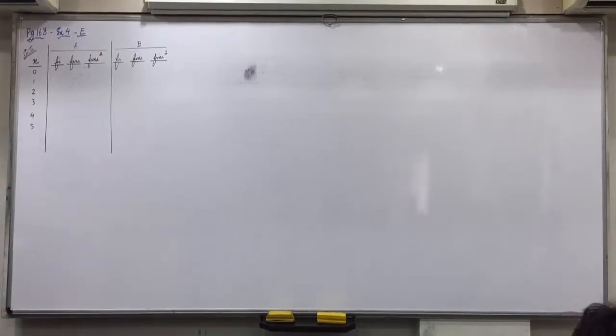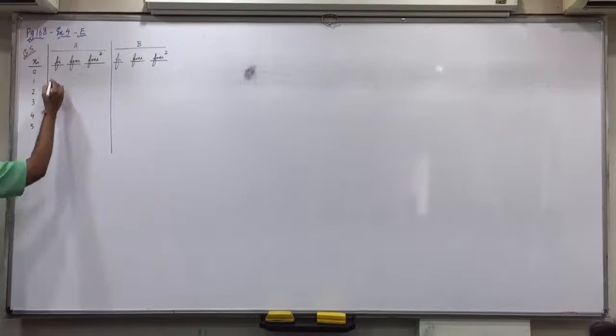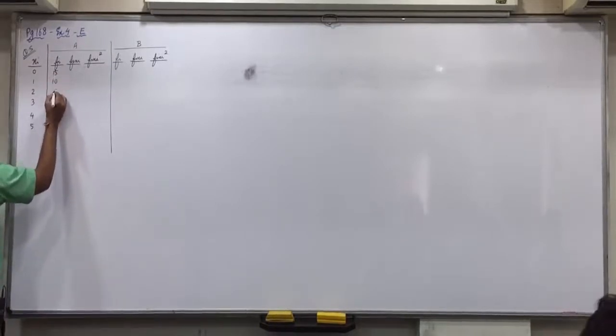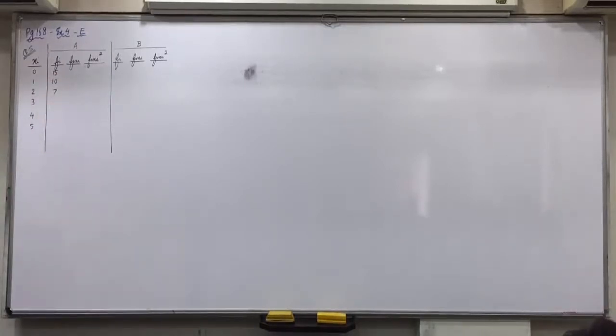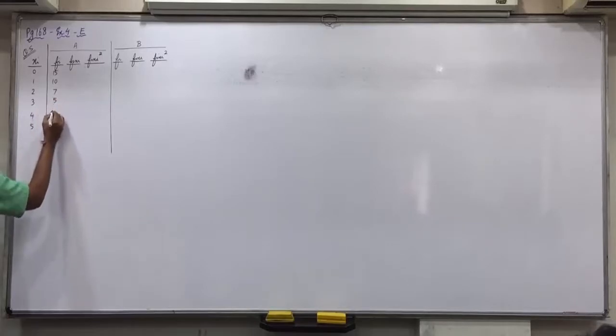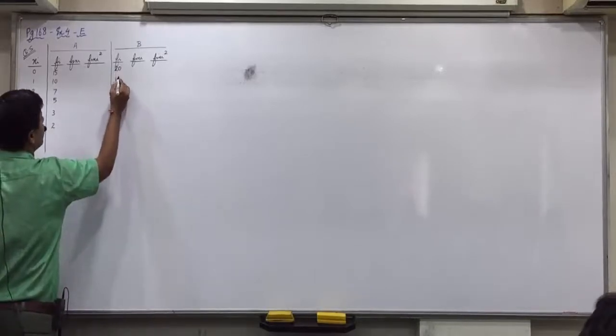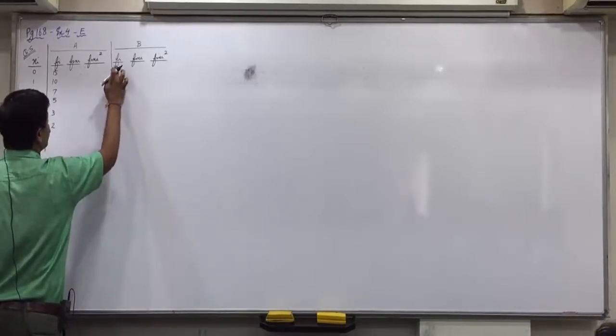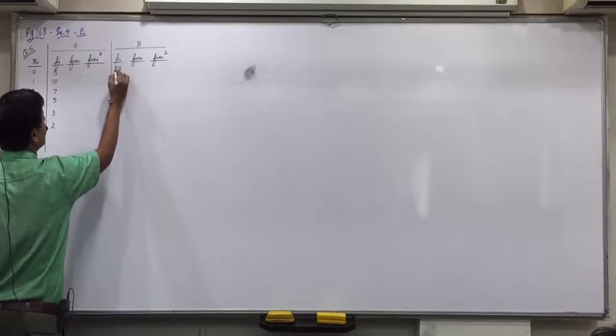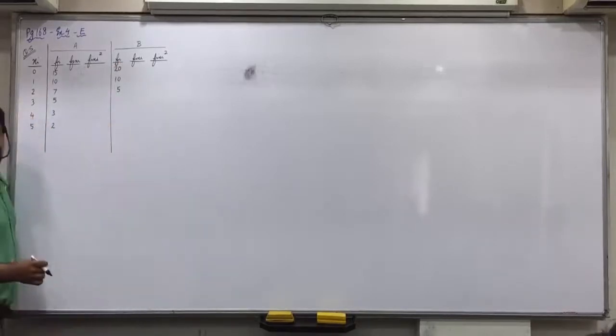For team A, the frequencies are 15, 10, 7, 5, 3, 2. And for team B, 20, 10, 5, 4, 2, 1.